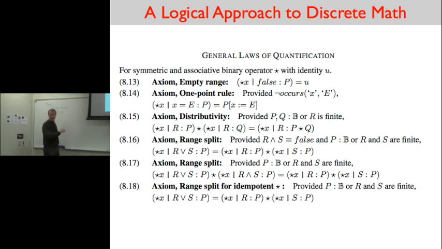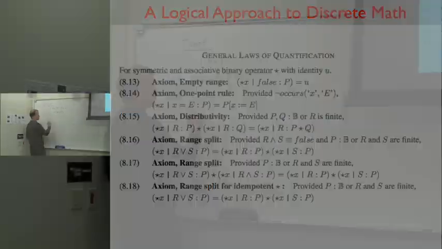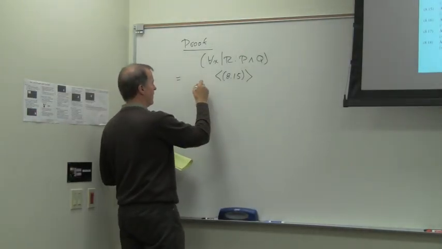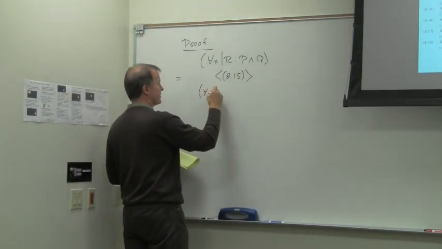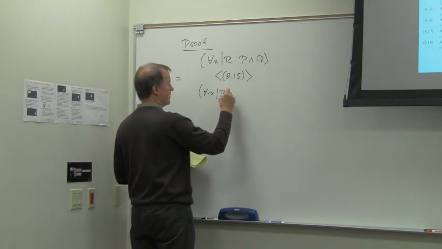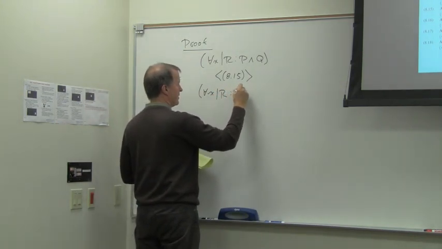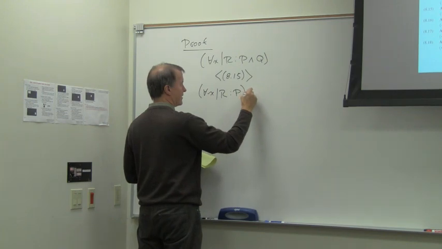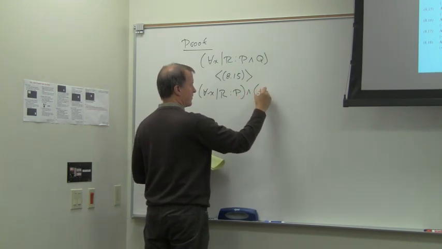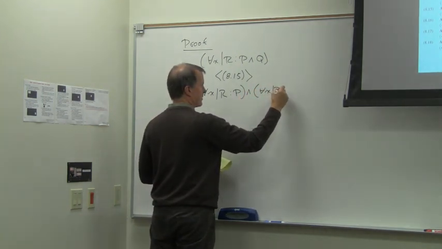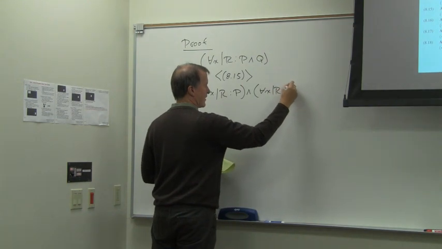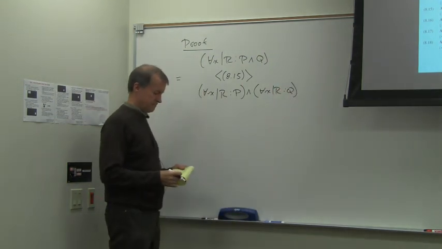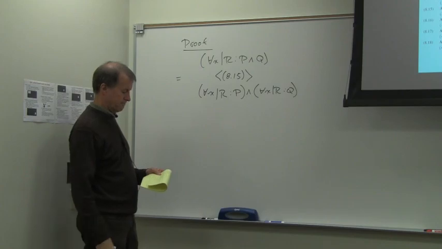And there's our and. So by 8.15, what is it? For all x, range R, body P, and for all x, range R, body Q. What is 9.7? Does it satisfy those provisos?